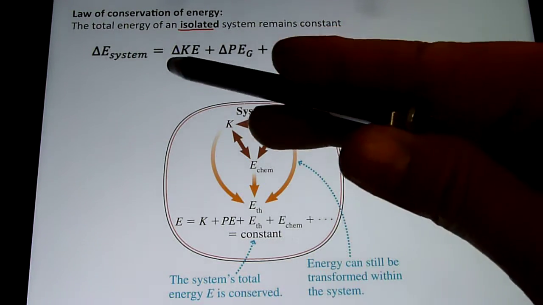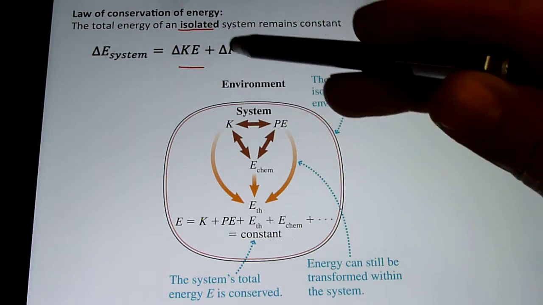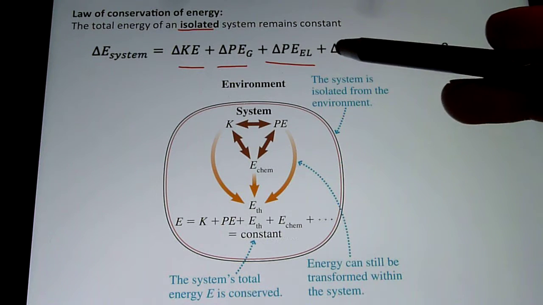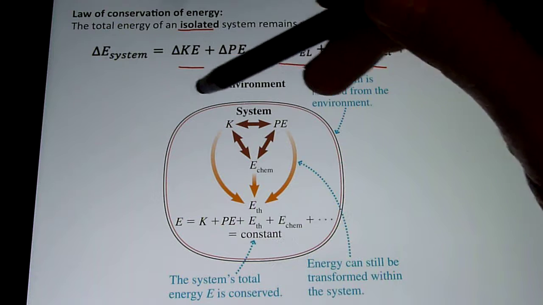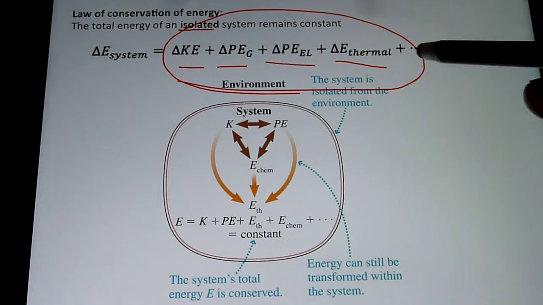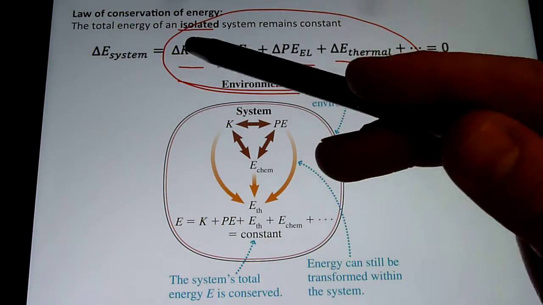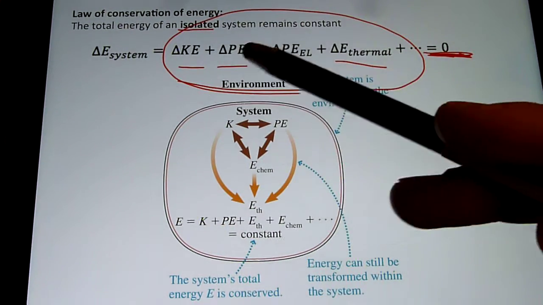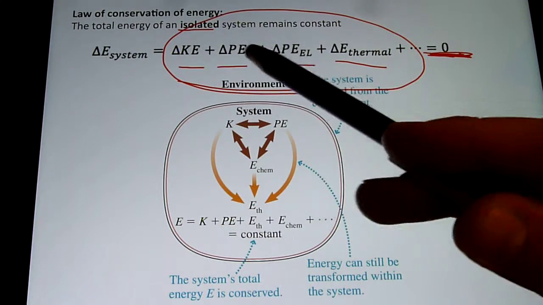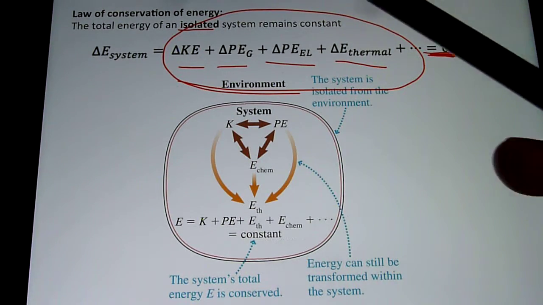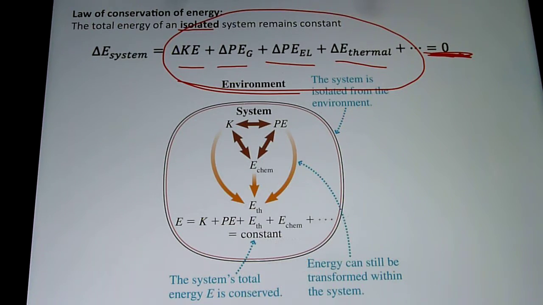But note how I can have multiple parts: my kinetic energy, my potential energy, my elastic potential energy, my thermal energy. The total change in those is equal to 0. And as we work more and more complex problems, we'll see that there are times when my kinetic energy changes and my potential energy changes, but the total change of those summed together is going to be 0. That's what we mean by energy conservation.